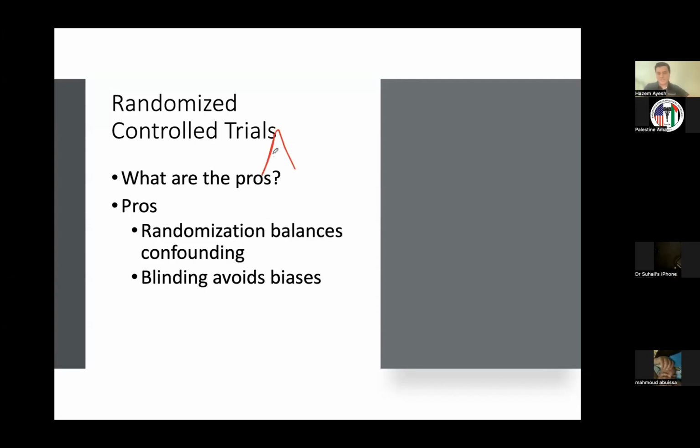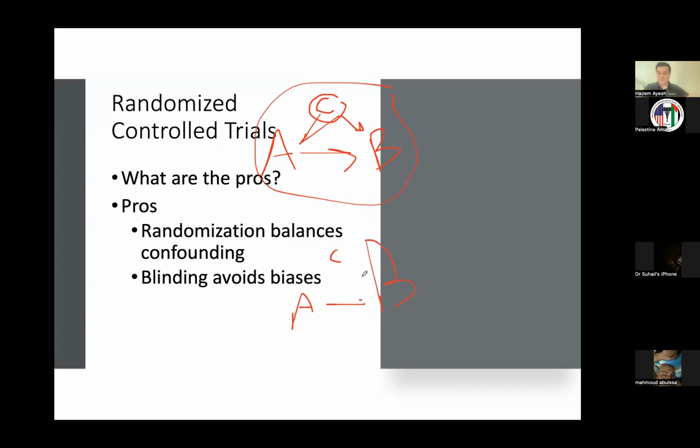And we can demonstrate this. If you have A and B, and we see C is the confounder affecting A and B. But in your study, this is the exposure group, and you have the same A and B in the non-exposure group. So you have both A and B in the exposure and the non-exposure group.